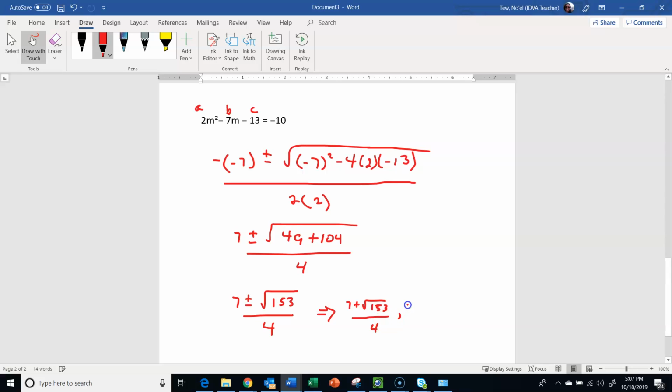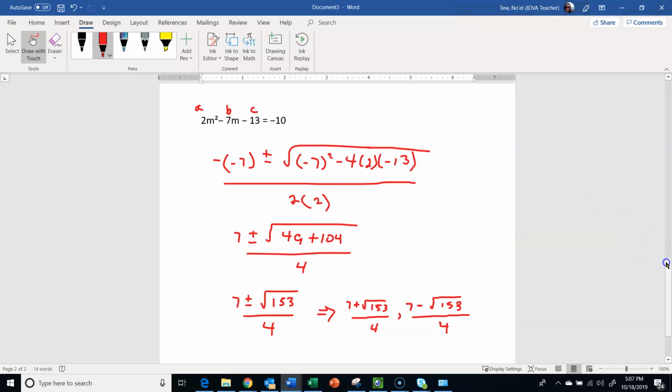And then 7 minus the square root of 153, divided by 4. And so there's your 2 lovely answers. Definitely couldn't factor that, and this is where this advantage would come from.